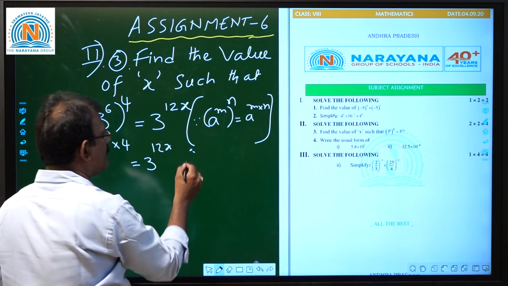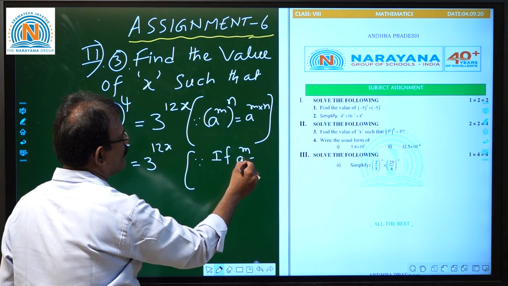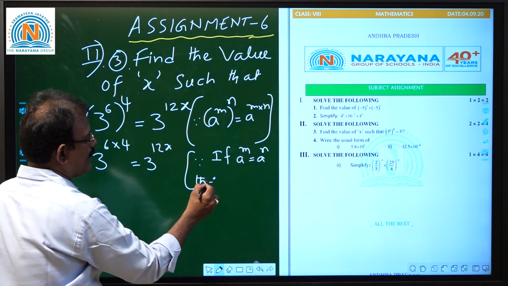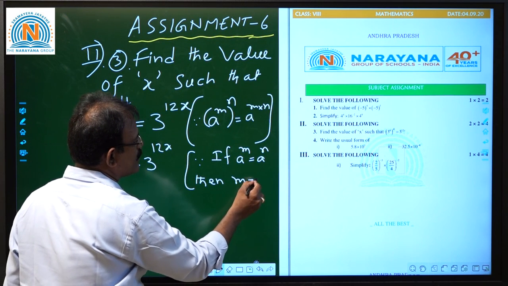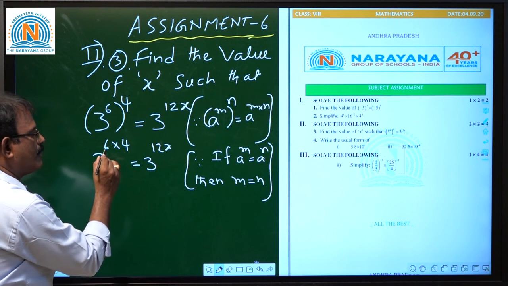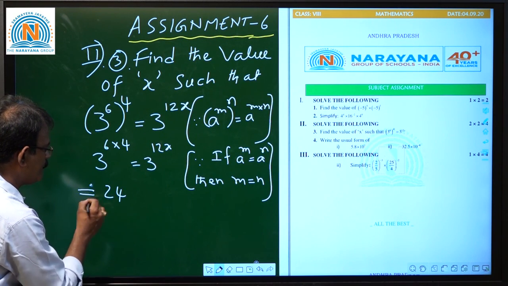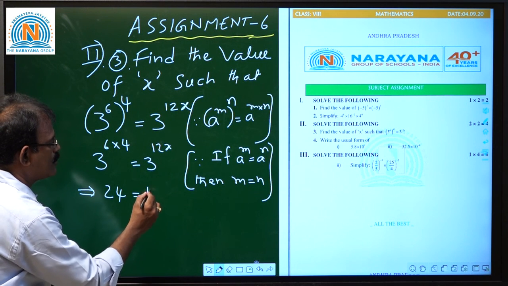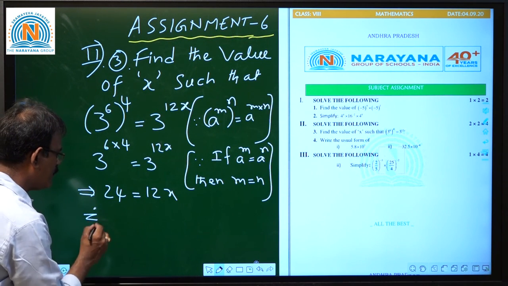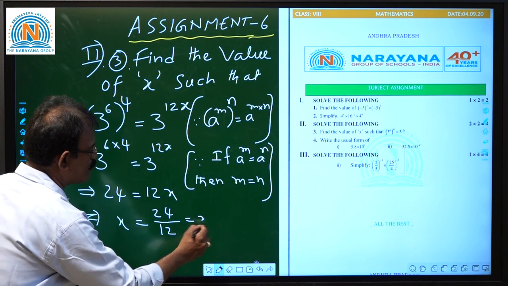Again, if a^m is equal to a^n, then m is equal to n. So powers: 6 into 4, 24 is equal to 12x. 12x means 12 into x. So therefore, if you want x, this is 24 by 12, therefore 2.